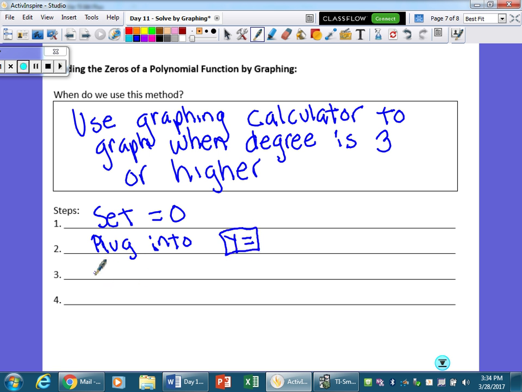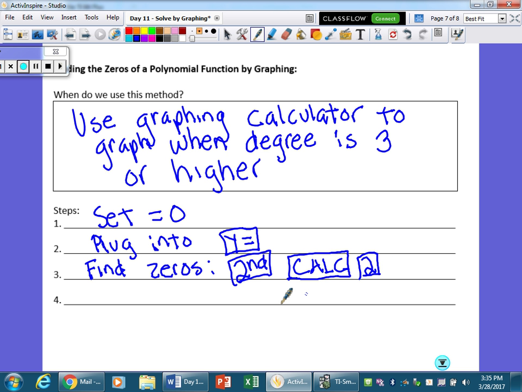You find your zeros. And again, those are the same buttons. Second, Calc, 2. And step 4, you set your left bound.